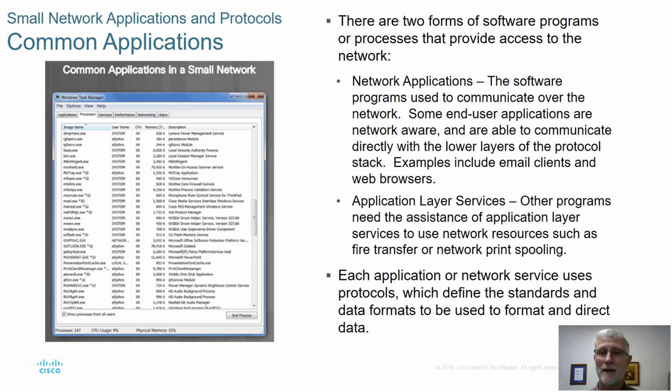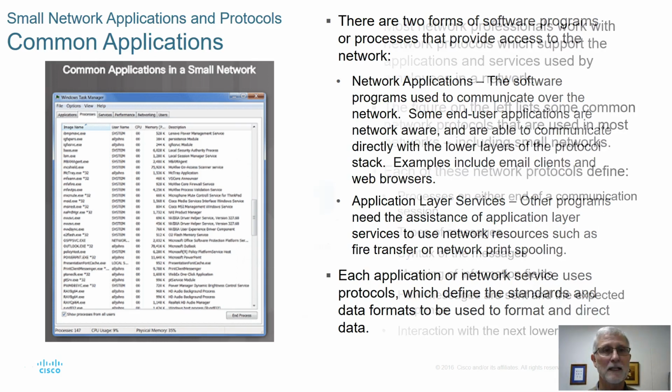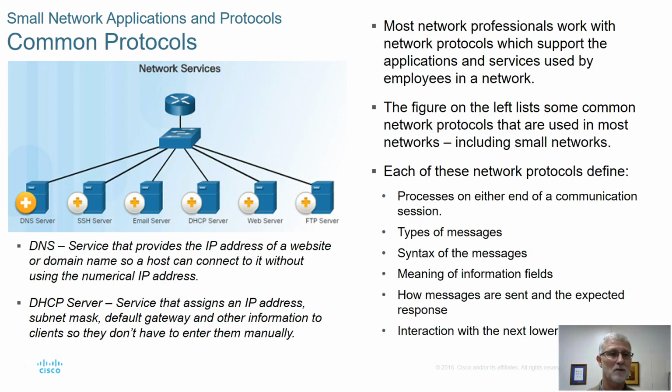Am I going to offer network printing? Or is each individual in the office going to have their own printer? So those are applications you need to consider because it applies to network traffic, the different services, what priority application you're going to give. So those are things that you need to figure out as you're building out this network. Some of the services that you can provide, you got DNS, secure shell, email server, DHCP, web servers, FTP servers. All of these need to be in consideration as you're designing your network.